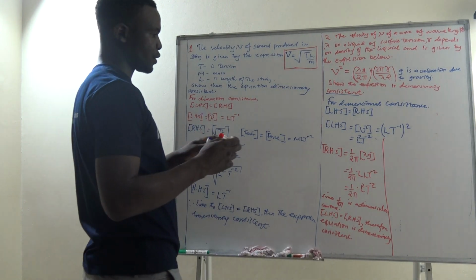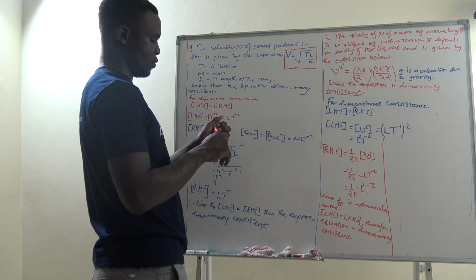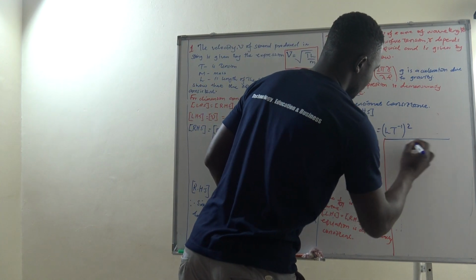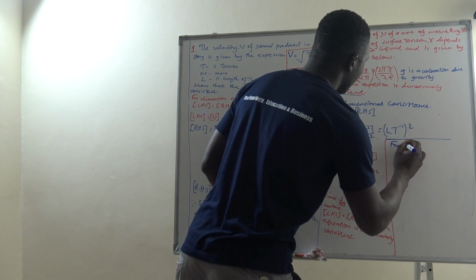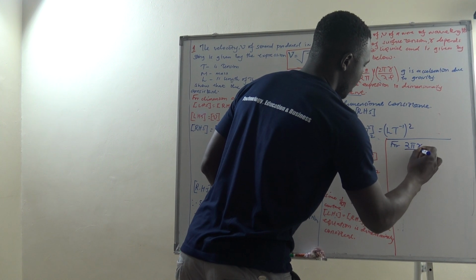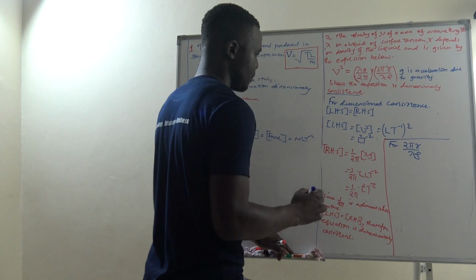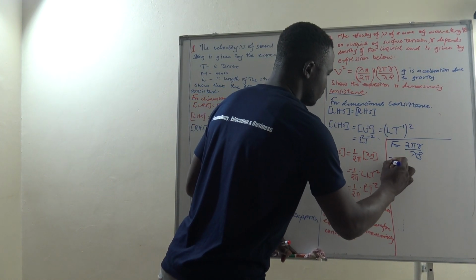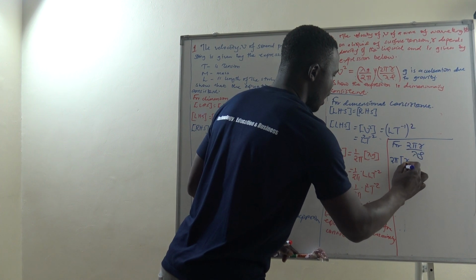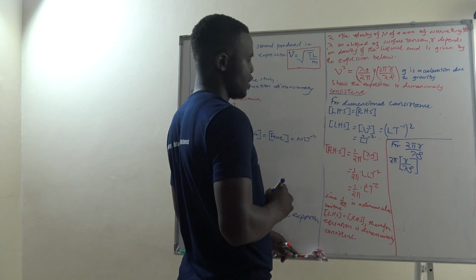Now, let's look at a friend who decided to consider the other second term on the right hand side, that is 2 pi gamma out of lambda rho. Let's see the dimensions here. The dimensions will be 2 pi into dimensions of gamma out of lambda rho. Now, what are dimensions of gamma?